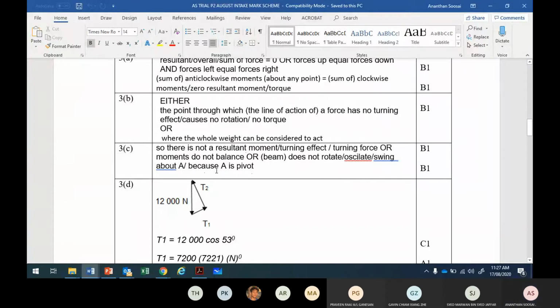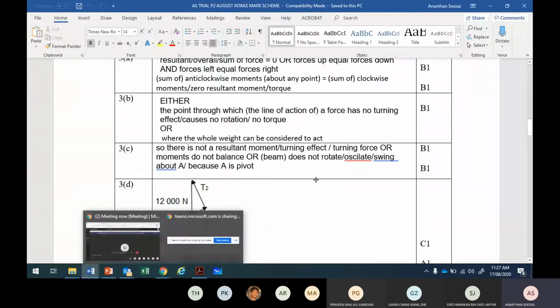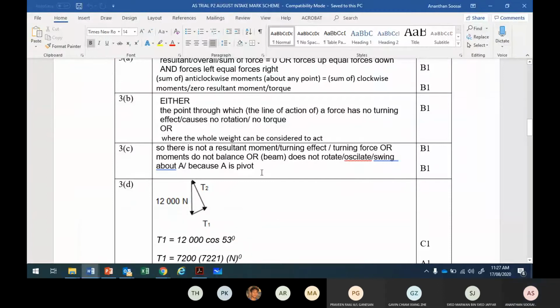The keyword is that to have zero resultant moment, all the forces must pass through the same point. So mg must be below A. To have zero resultant moment, all the forces must pass through point A, and therefore the center of gravity must be below A.